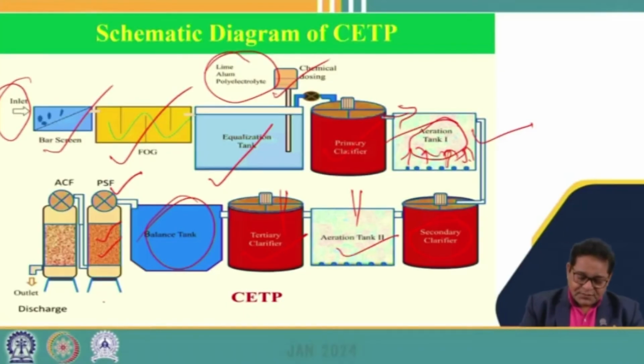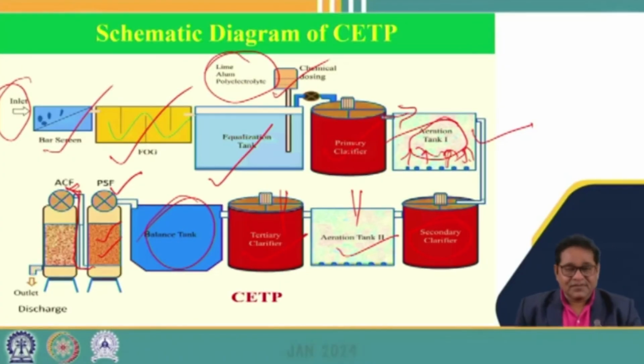After this filtration, the wastewater goes to the advanced treatment system, that is, the activated carbon filters, where all the taste, odor, color, and other impurities which are not yet removed are removed using this activated carbon column. This helps us bring about a high quality of treated effluent for many industrial uses.